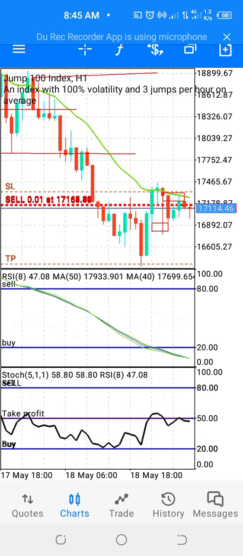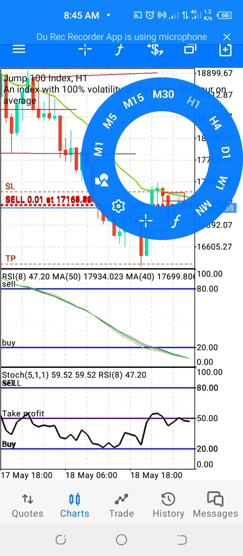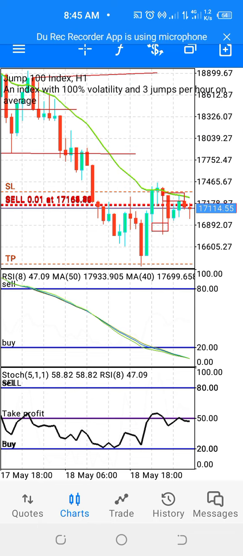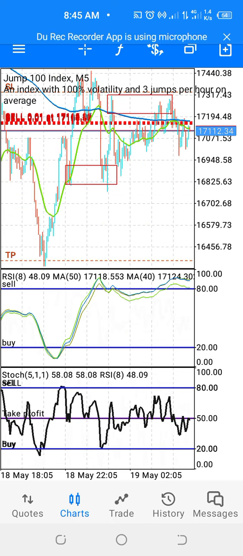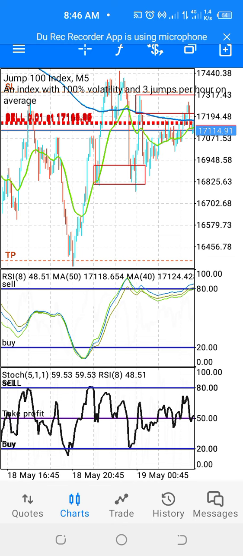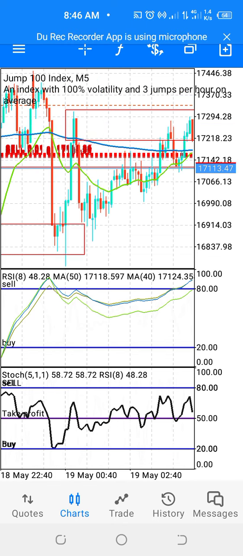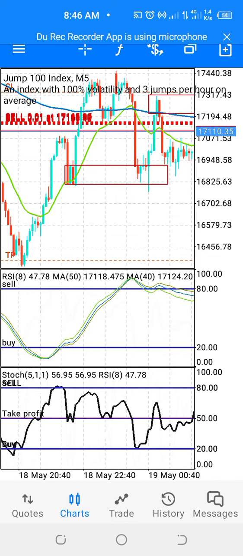Okay, let me break this one. As you can see, I am in this kind of trade. The reason why I'm trading on a very low time frame, which is 5 minutes, is because there are always highs and lows. From this point, you see that I identified this as the low here.